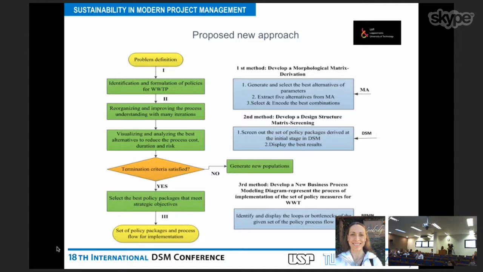So here I can say a few words about this decision supporting tool for wastewater treatment plants. It is applied to an integrated pulp and paper mill in Mato Grosso do Sul state in Brazil.